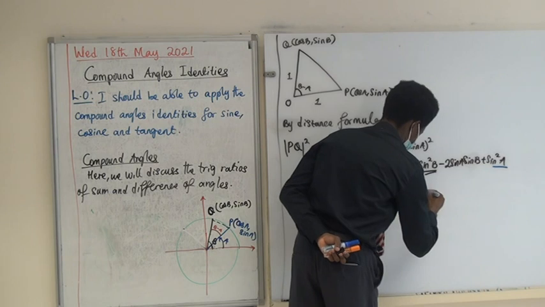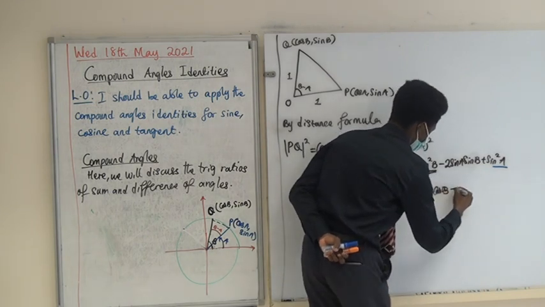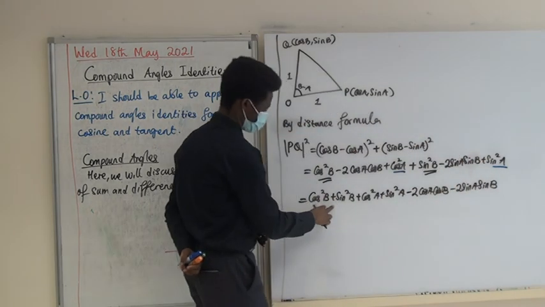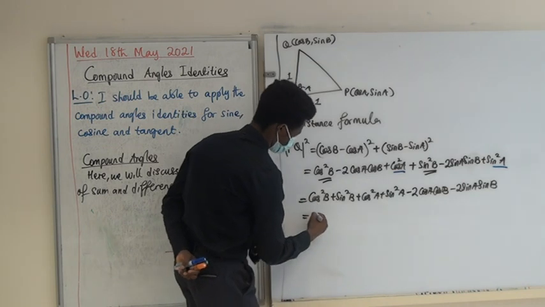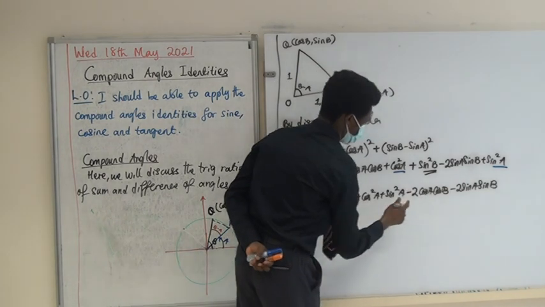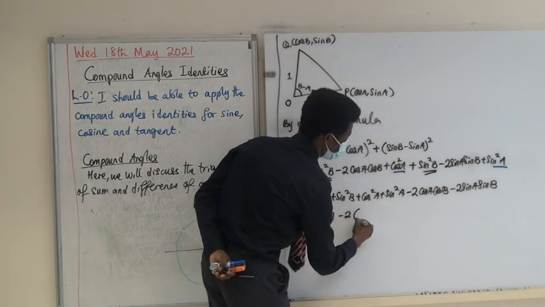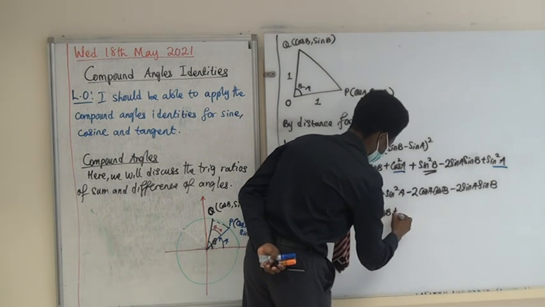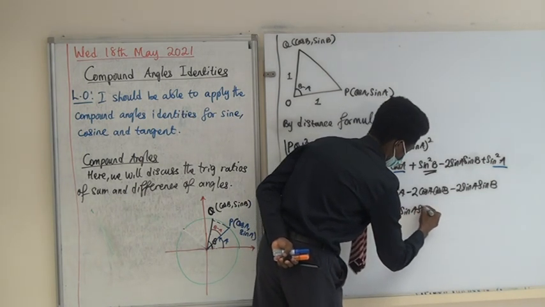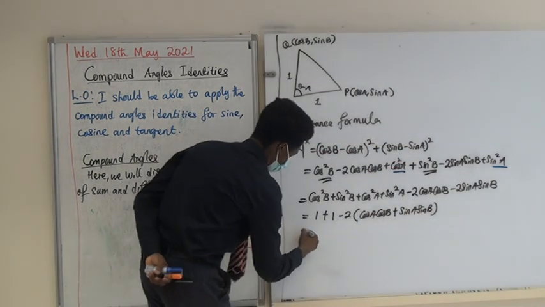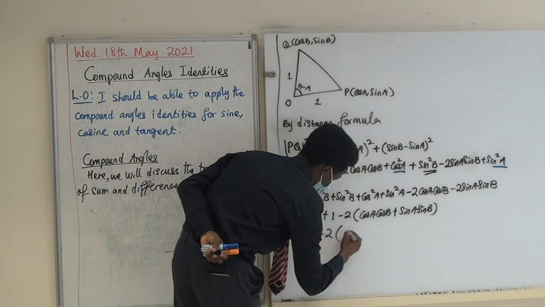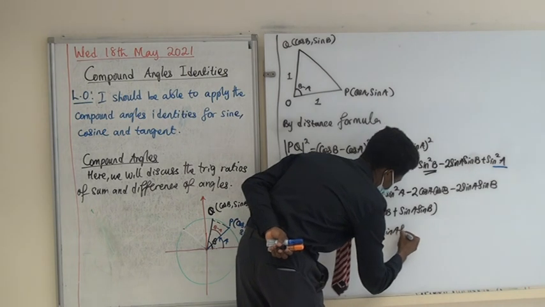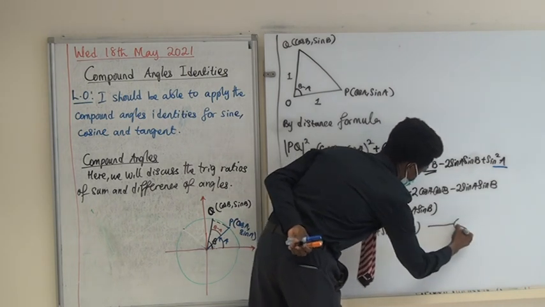Minus 2 cos A cos B minus 2 sine A sine B. So this is 1, this is 1, so we have 1 plus 1, which is 2. Then minus 2 bracket cos A cos B plus sine A sine B. So basically it is 2 minus 2 bracket cos A cos B plus sine A sine B. Let's call this equation 1.